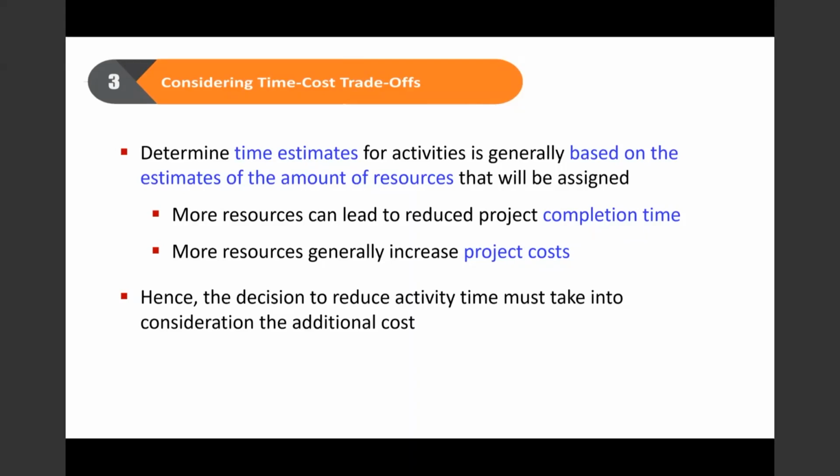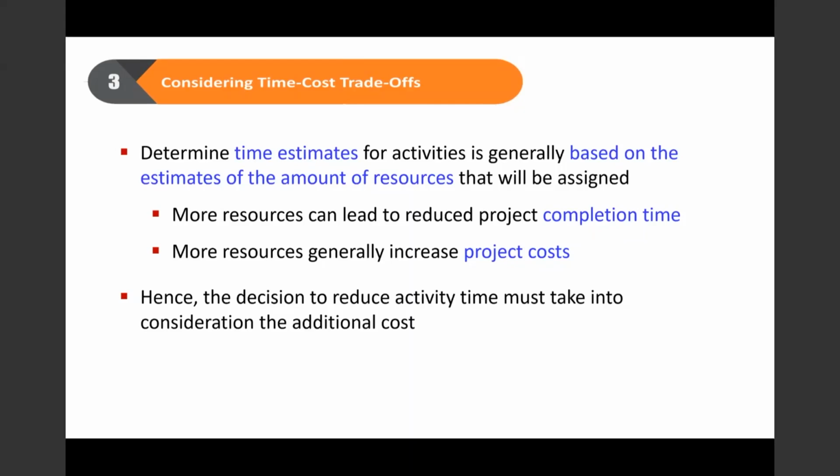So when the project manager is given extra resources, it tends to reduce the project completion time. But we also know that extra resources will definitely increase the project cost. From earlier, you needed to pay 10 people. Now, with the extra resources, you need to pay 15 people.